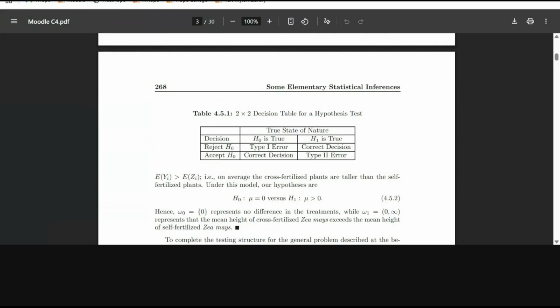Why? Your data gave you x bar, compute this thing, and if it exceeds this, it's like a prescription on what to do. If I see this happen, I will decide to reject the null. That's what I mean by decision rule.